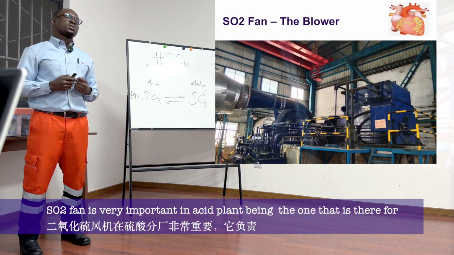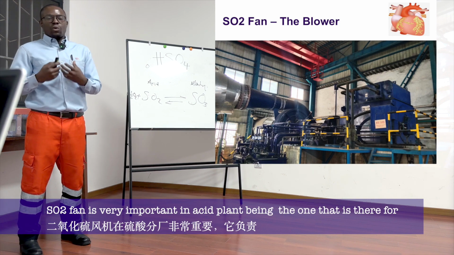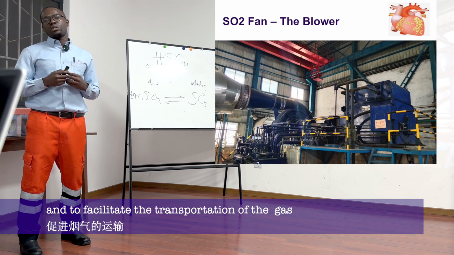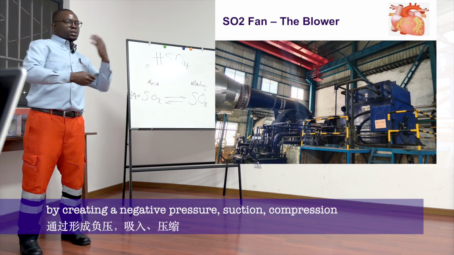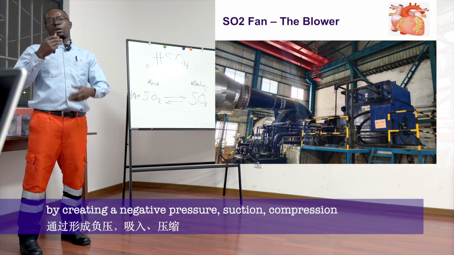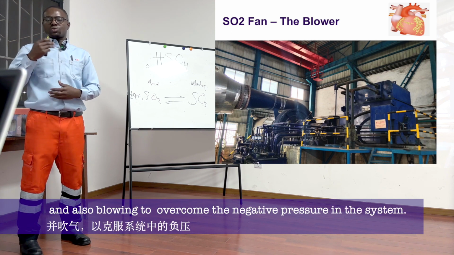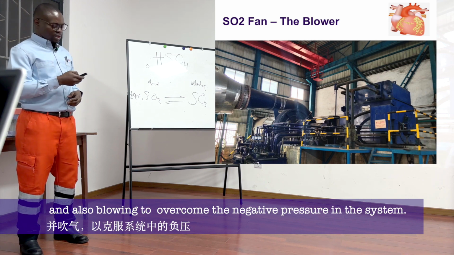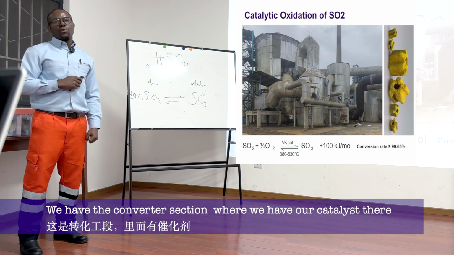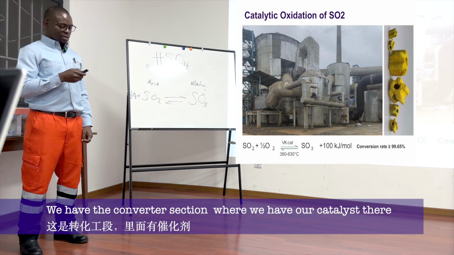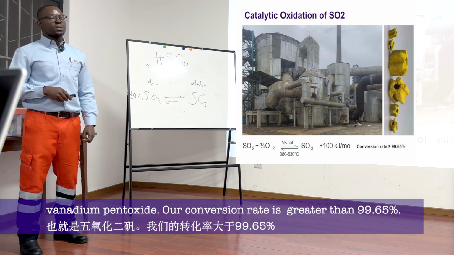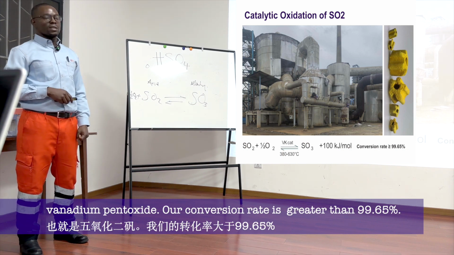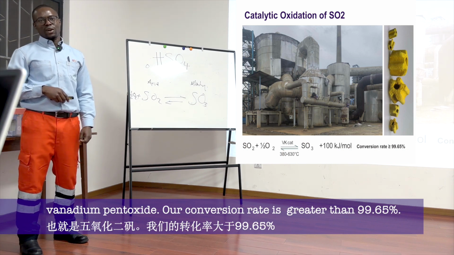SO2 fan is very important in the acid plant, being the one that facilitates the transportation of the gas by creating a negative pressure, suction, compression, and also blowing to overcome the negative pressure in the system. We have the converter section, where we have our catalyst, vanadium pentoxide. Our conversion rate is greater than 99.65%.